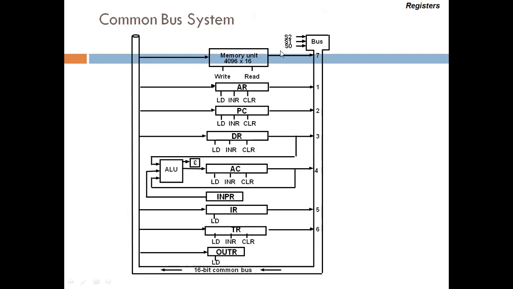If the value is 1, 0, 0, that means in decimal it is 4, so at that time the accumulator is selected. In the same way, if the value is 1, 1, 0, then IR is selected. So based on the value of the selection lines, any one of these 7 registers or the memory is selected.